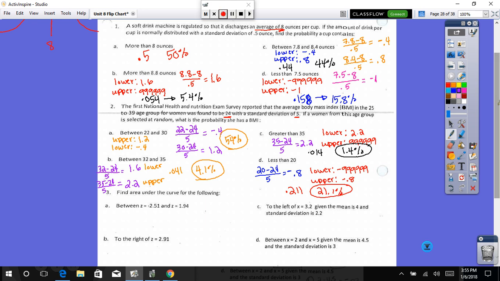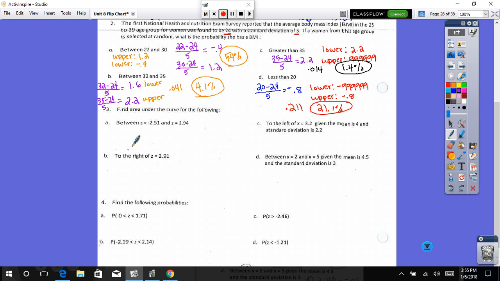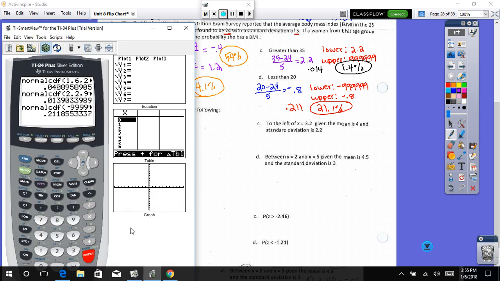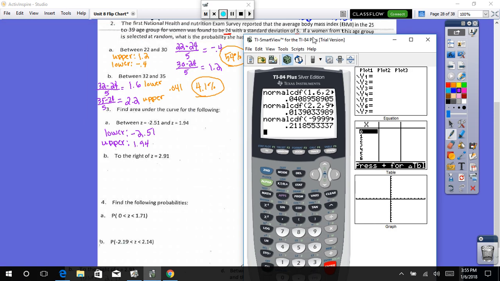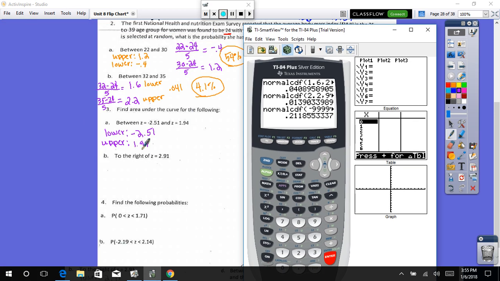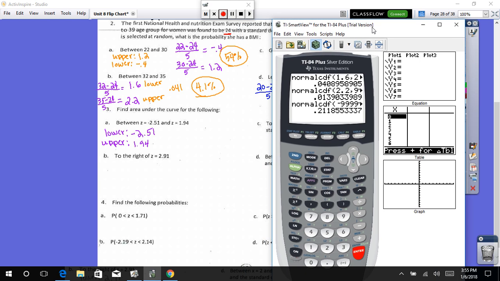Okay, and then back to the easy ones down here where they give you the z-score. Luckily, you just type those in your calculator. So my lower is negative 2.51, an upper of 1.94. I'm going to do all these on the left first so I can keep my little calculator sitting right here, so I don't have to keep moving it back and forth.